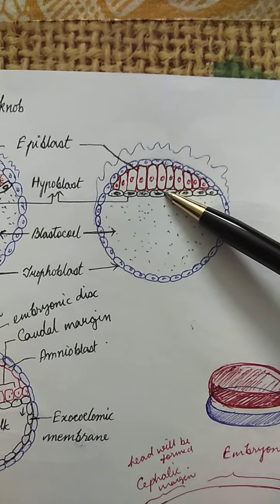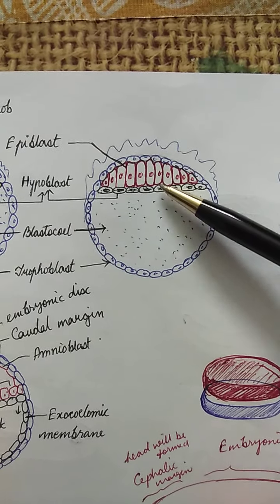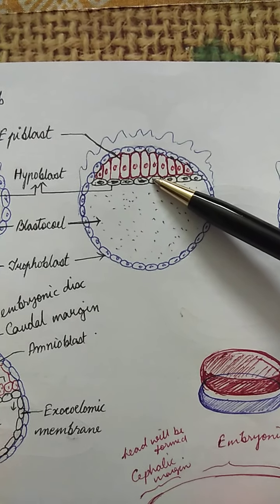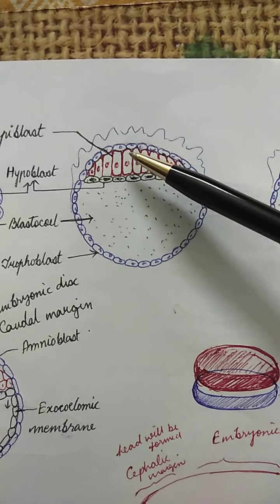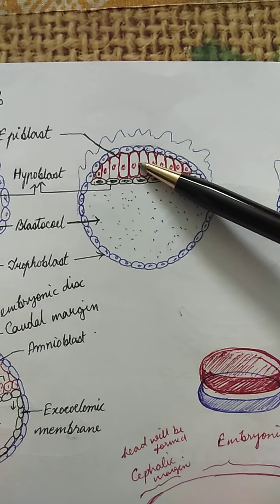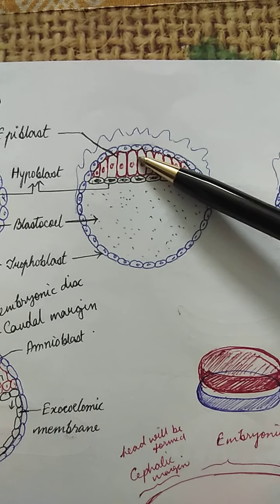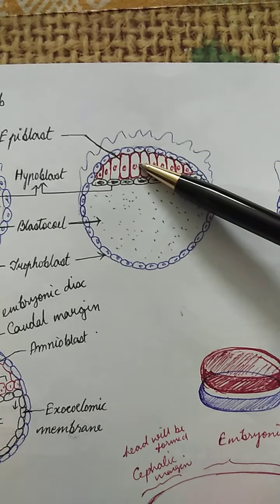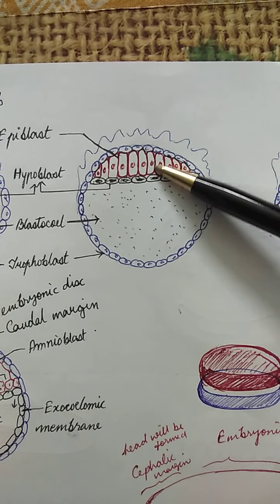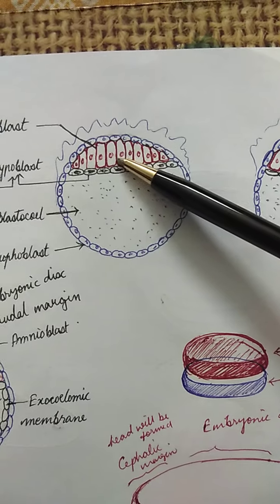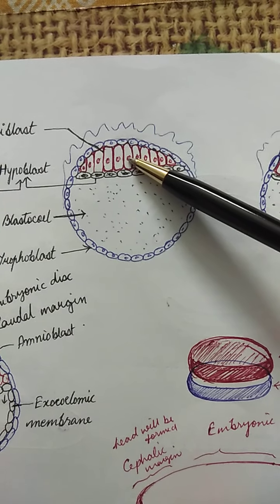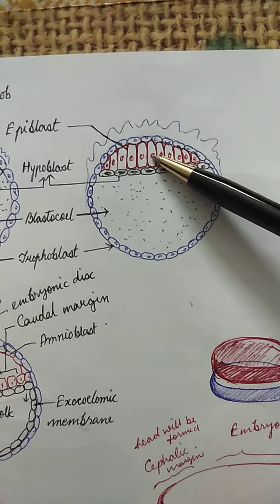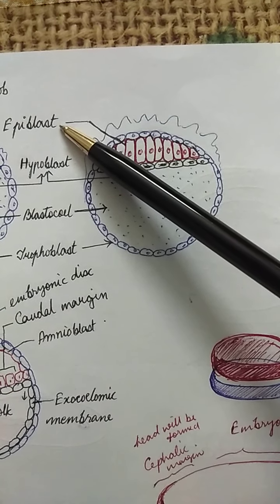Not only the free surface cells undergo differentiation, but also the other cells of the inner cell mass undergo differentiation. Here, the cells become columnar. These form the ectodermal cells or the epiblast.